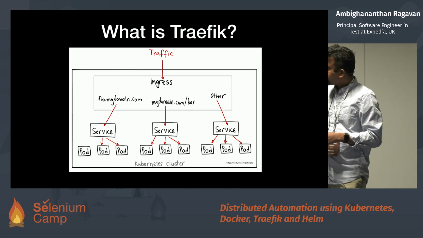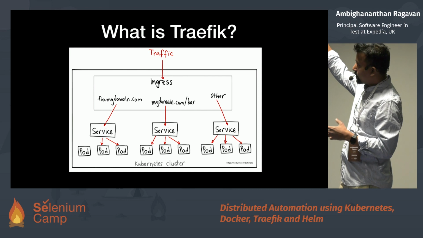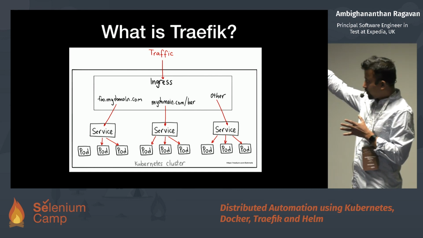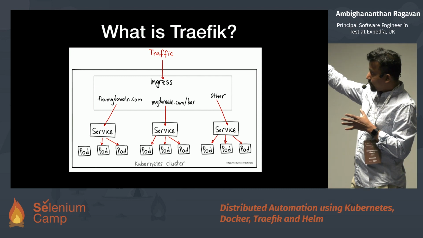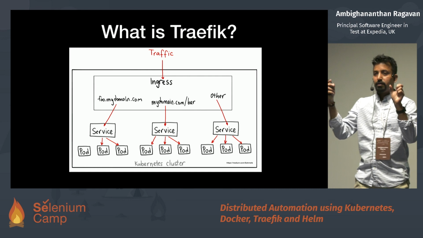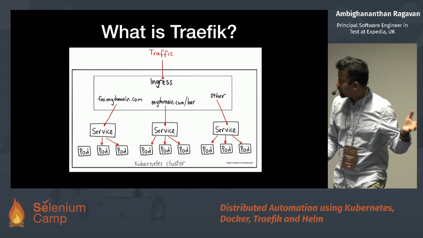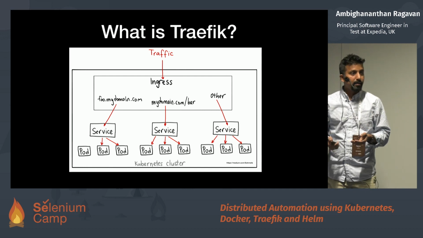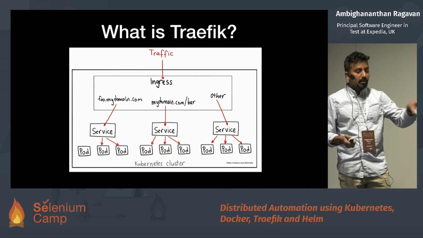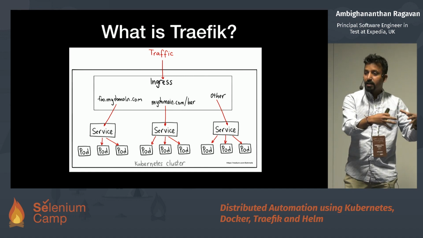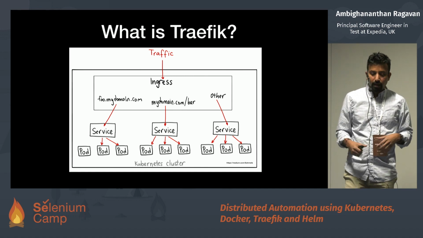For example, you send your automation runs to the hub URL. It goes to Traefik, and Traefik has rules, and it can say if the request is coming from host foo.mydomain.com, then send it to a particular service. A service in Kubernetes maintains a collection of pods.